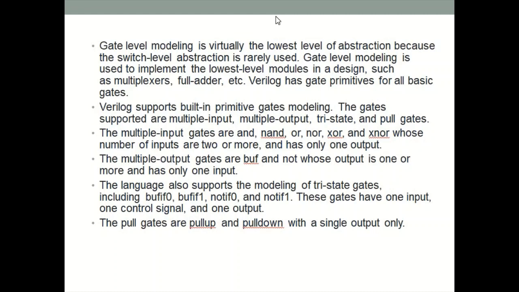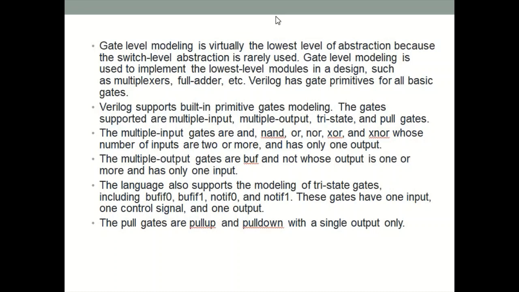Gate level modeling is used to implement the lowest modules in a design such as a multiplexer, full adder, etc. Verilog has gate primitives for all basic gates. Verilog supports built-in primitive gate modeling.